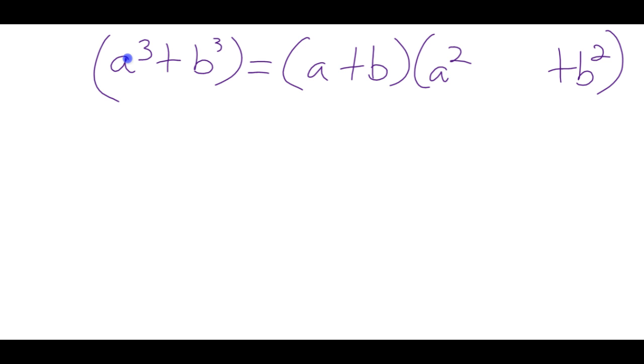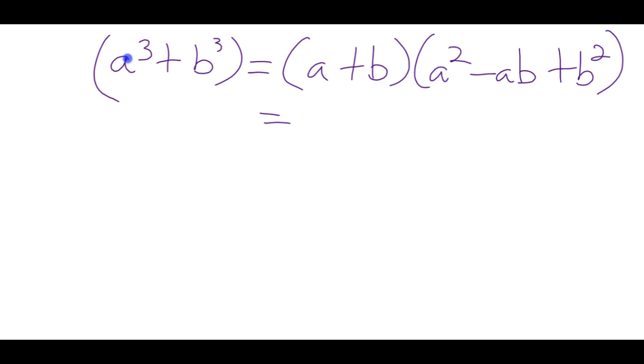And what are you going to put here so that all those other things are going to cancel out? We're going to put this, minus ab. So now if you multiply this out, how many products will we get? 2 times 3, 6, right? 6 products.